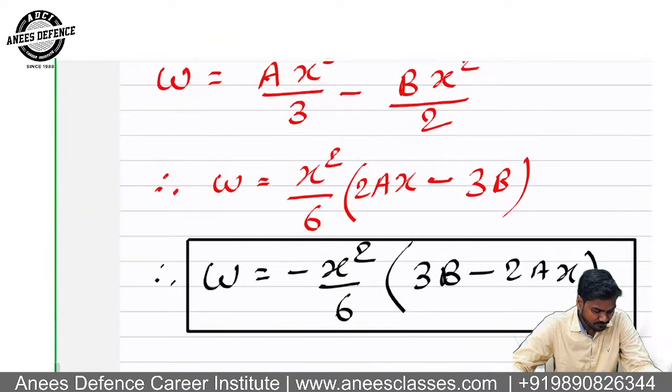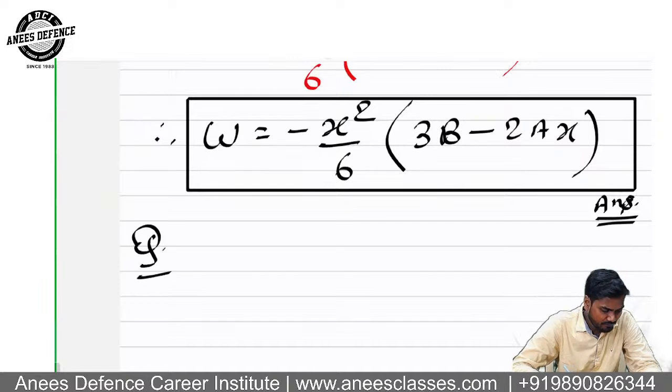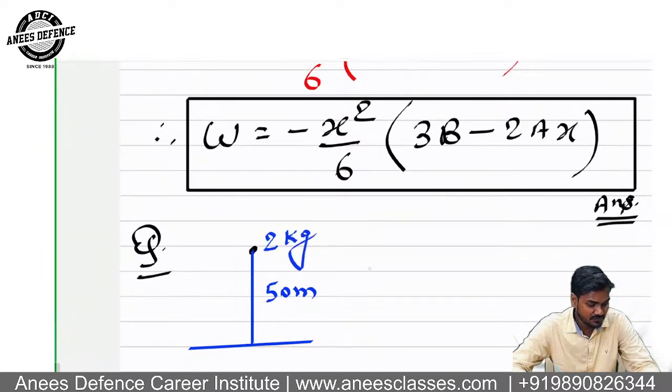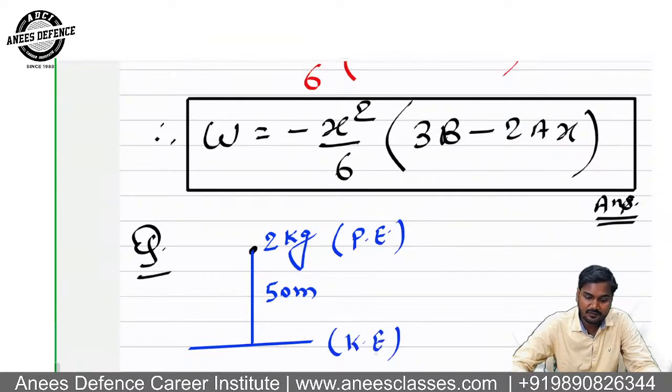Next question. ये भी NDA क्वेश्चन है. 50 मीटर हाइट पे एक ऑब्जेक्ट है and mass is 2 kg, right? So at this position there will be potential energy and at this position kinetic energy.